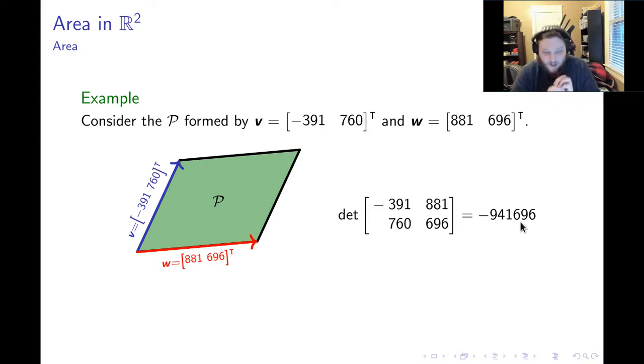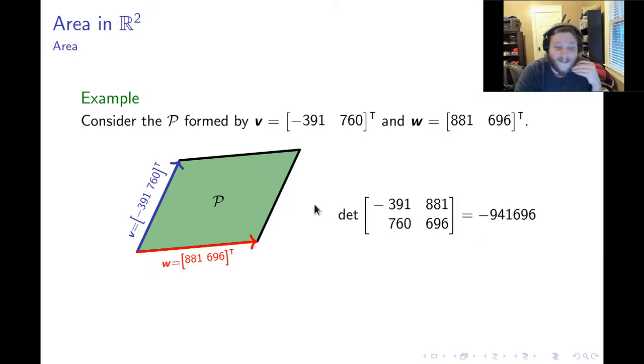What does that tell me? That tells me that v, w is negatively oriented. So when I construct my parallelogram here, I was careful to make sure that the angle was clear enough so that if we rotated the first vector v to w, the direction of rotation would be clockwise, because that's what negative orientation means.